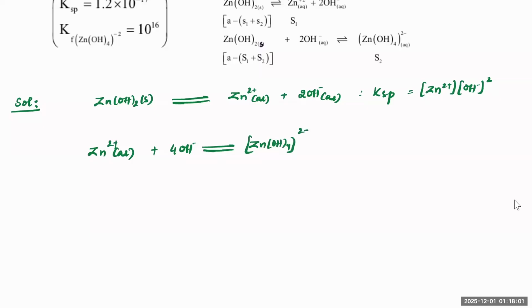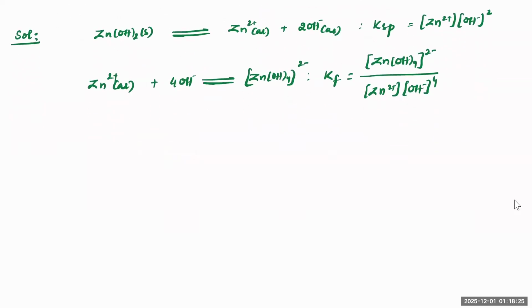This will have the equilibrium constant Kf, the formation constant. So Kf will be equal to Zn(OH)4 2 minus concentration divided by Zn2 plus concentration into OH minus concentration raised to the power of 4. Okay. So this is what we have here.